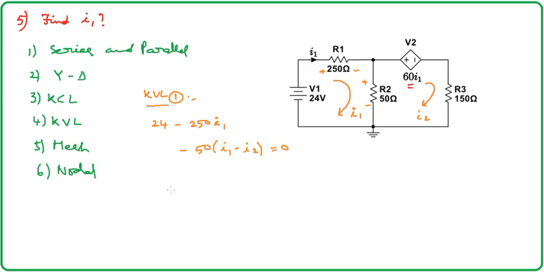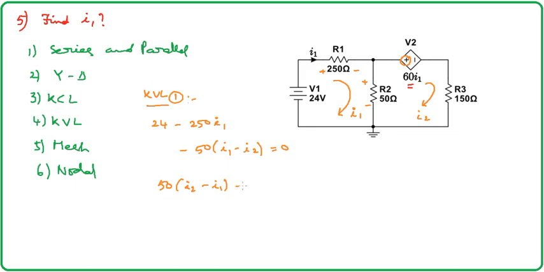Similarly in loop 2, I can start from anywhere. Let me start from R2 only. If I start from R2, it will be 50 times (I2 minus I1), and I touched plus here.